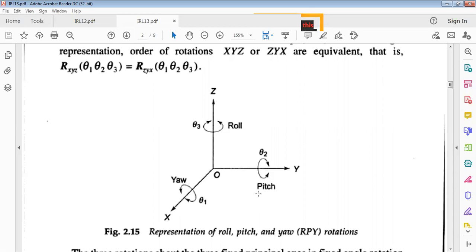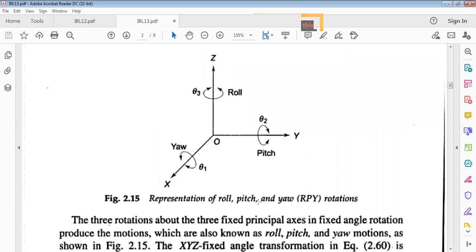Okay, so this is represented as RPY, where RPY is about z-axis roll, about y-axis pitch, about x-axis yaw.